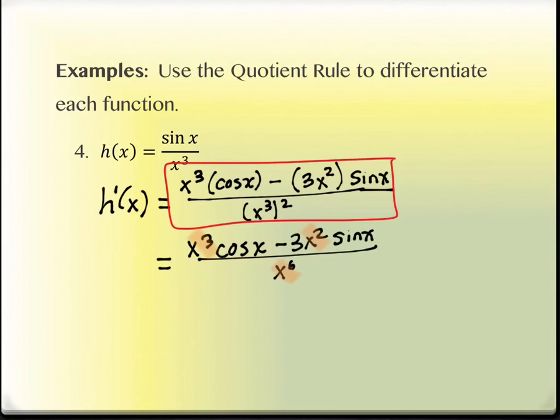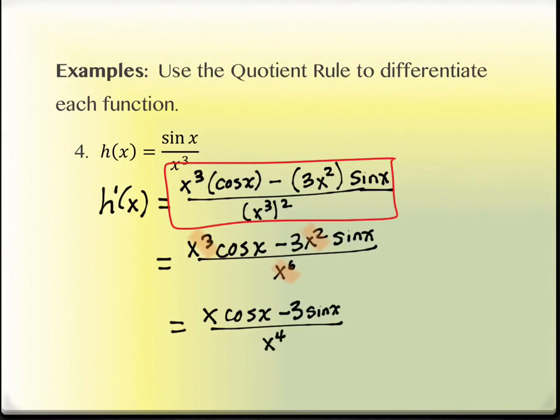They have 3 terms, 2 on top, 1 on bottom. They all divide by x squared because they have 2 x's in common, yeah. So I can eliminate 2 x's from each of them, making this one an x cosine x, this one a 3 sine x, and the denominator would be x to the 4th.